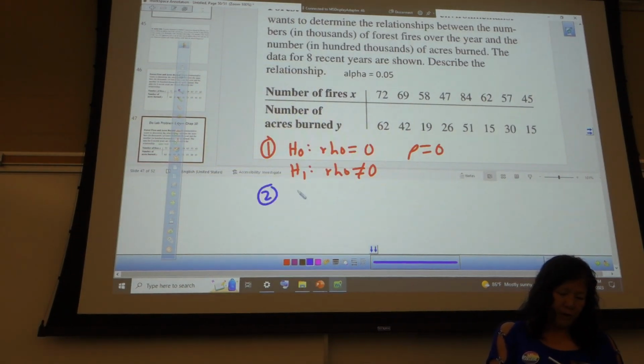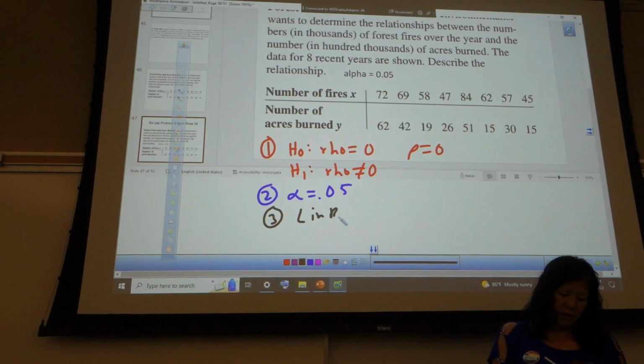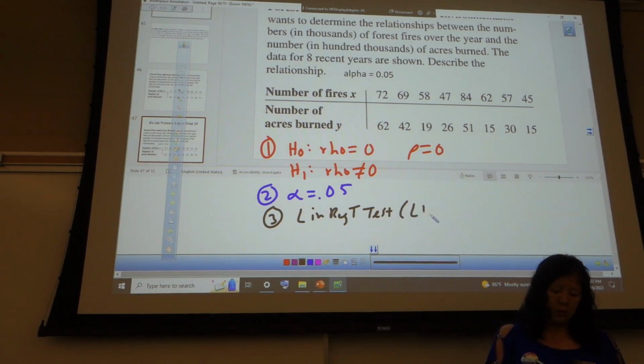Step 2, alpha is 0.05. Step 3, you did linear regression t-test of what? L1, L2, 1, not equal to? Perfect.